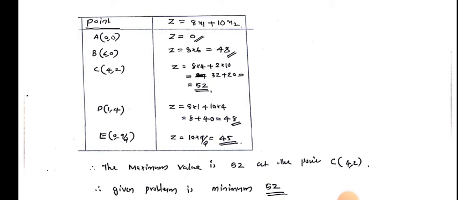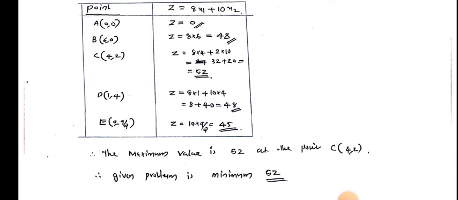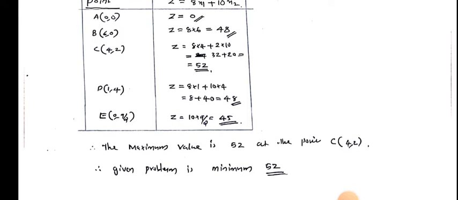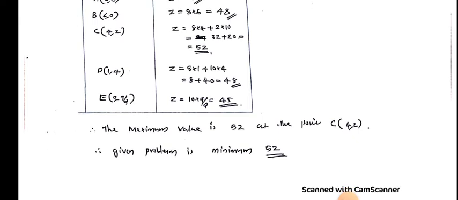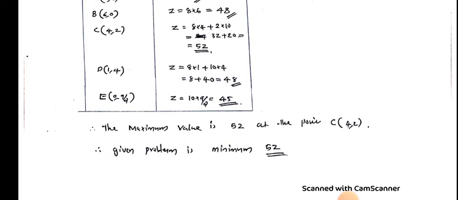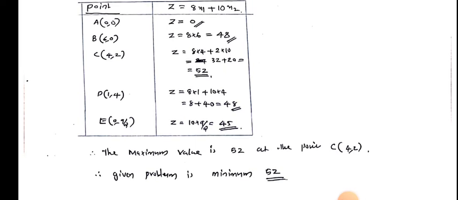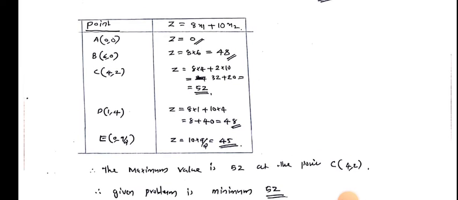At point A, the value of Z is 0. At B, 6, 0, Z is 48. At C, 4, 2, we get Z equal to 52. Similarly, at D, 1, 4, we get Z equal to 48, and at E, 0, 9 by 2, we get Z equal to 45. Therefore, the maximum value of Z is 52 at the point C, 4, 2.